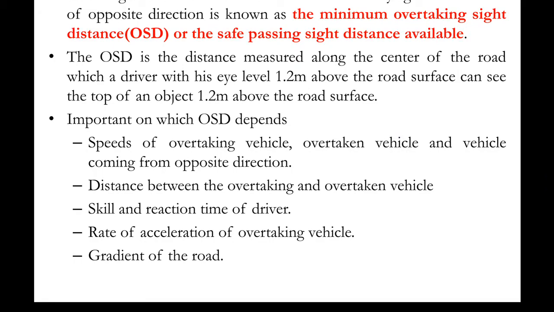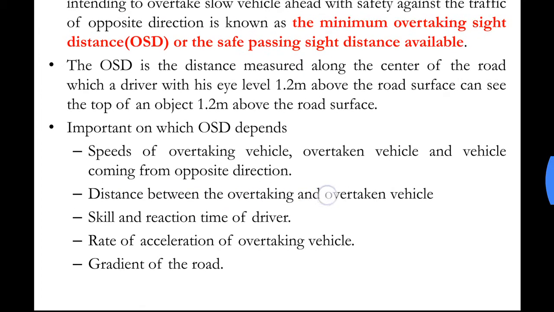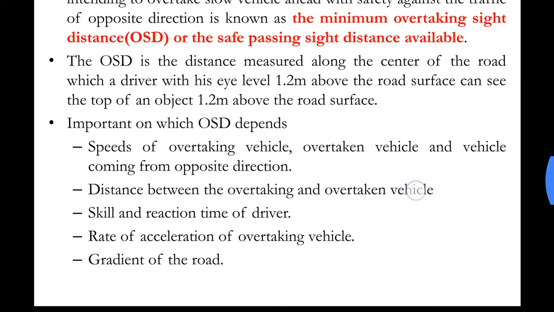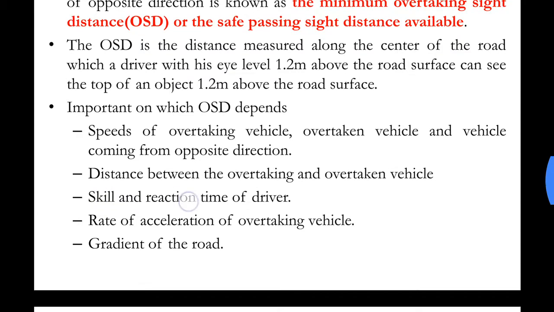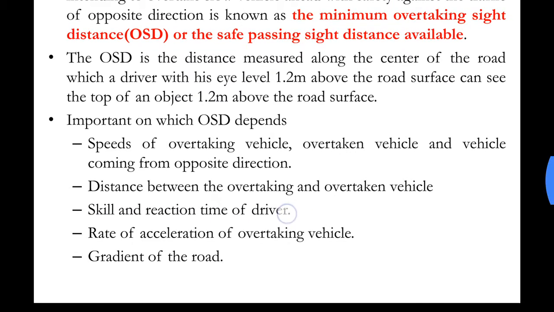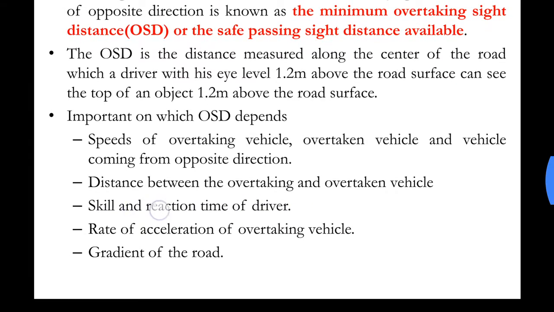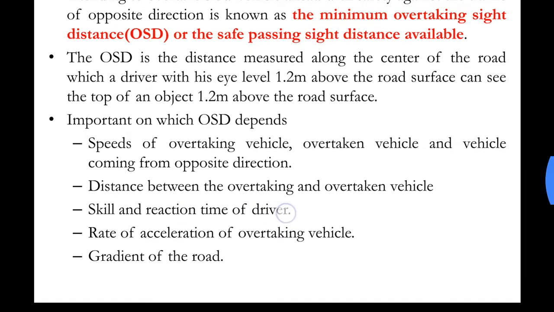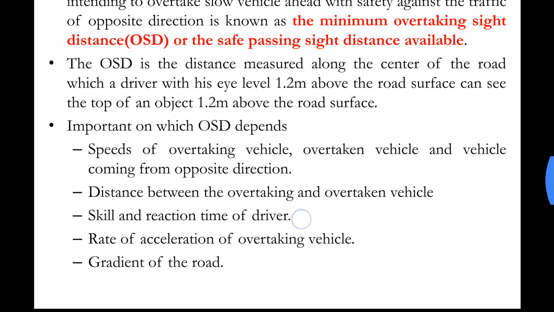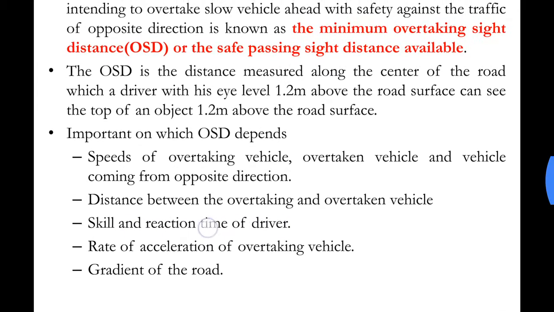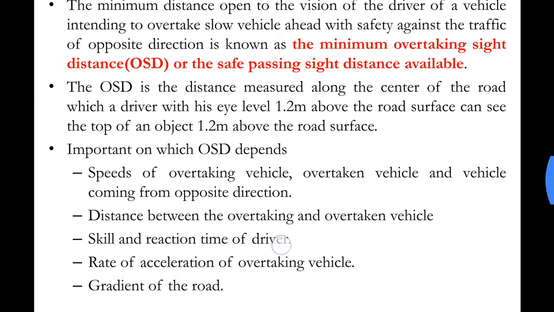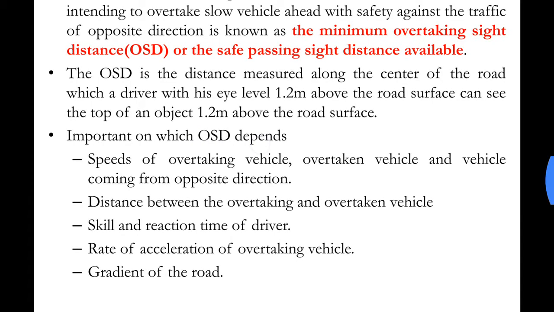Next factor is the distance between the overtaking and the overtaken vehicle. This is the spacing between the two vehicles. Then, skill and reaction time of the driver. We studied about the reaction time of the driver through PIEV theory in my previous lecture. If the reaction time of the driver is more, then obviously the OSD would be more.